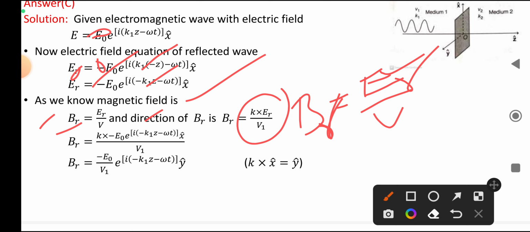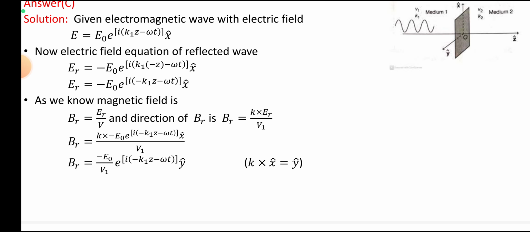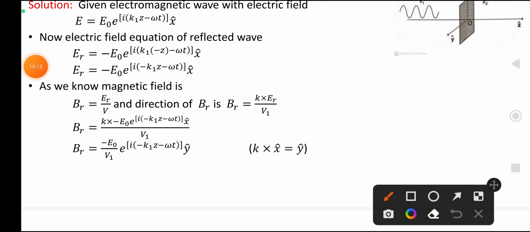Why? Because it is in the same medium, along the z direction, where the unit vector k is present. So that is written as k cross ER by V1, and ER value is substituted here.